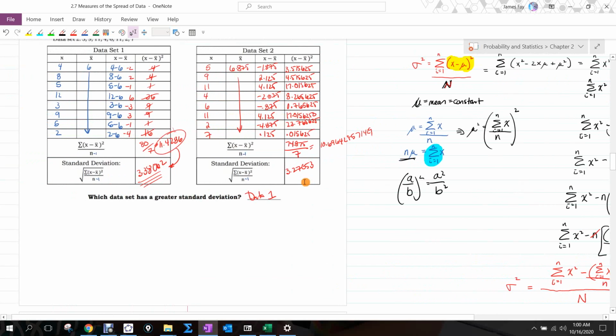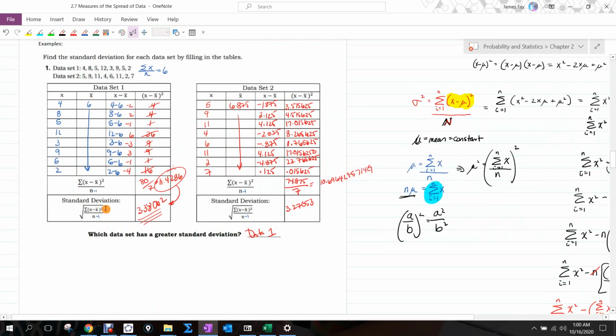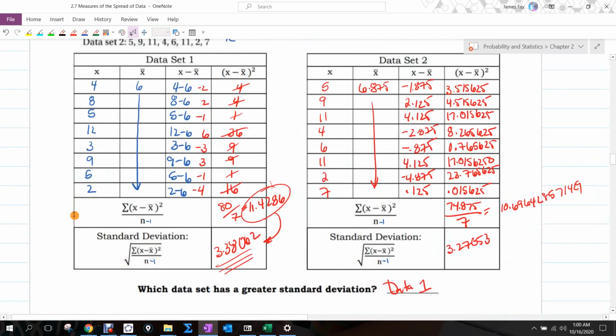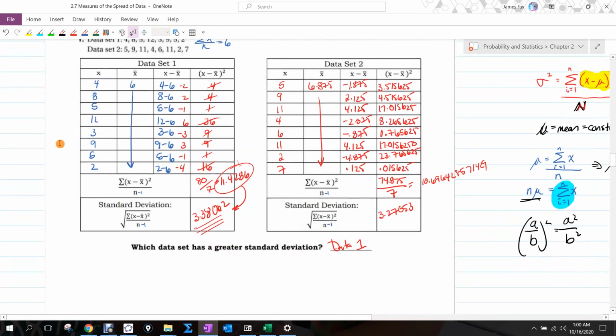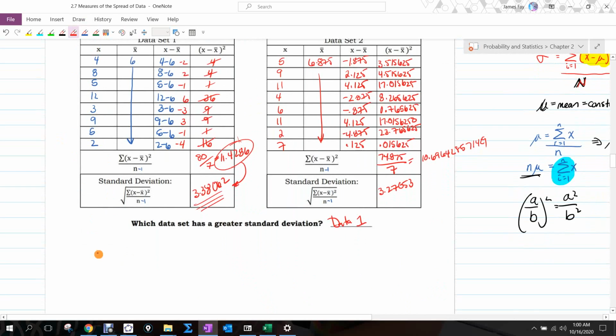But we can now use that in one of these data sets. Because these were maybe nicer numbers over here, let's see if we can use that formula to come up with the exact same standard deviation.